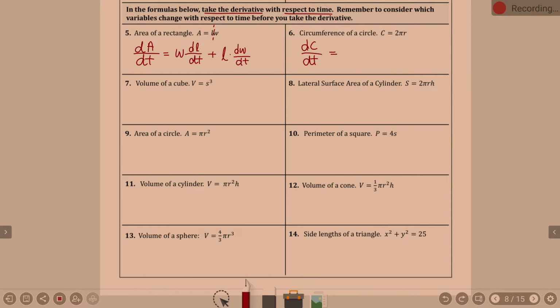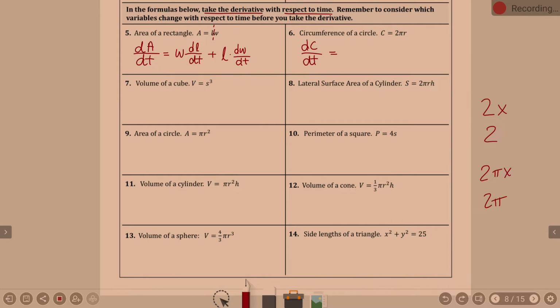So let me ask this. You guys are way overthinking this. If I asked you what's the derivative of 2x, what are you going to say? 2. So what's the derivative of 2 pi x? 2 pi. That's what I was saying.